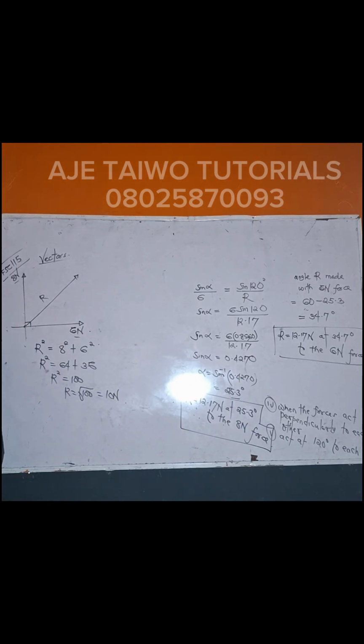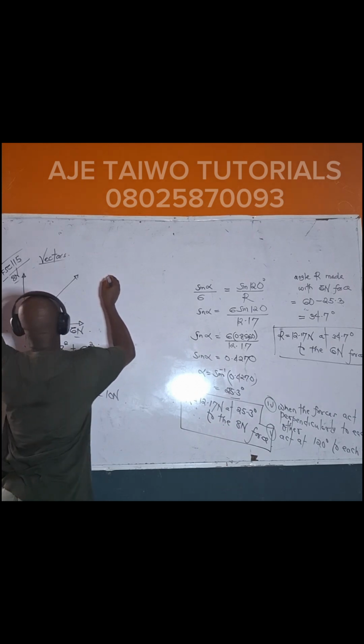Thank you very much. What is the direction of your resultant? The angle the resultant makes with the 6 newtons, call it alpha, and also the angle the resultant makes with the 8 newtons. There are 2 angles. So your direction is simply what?